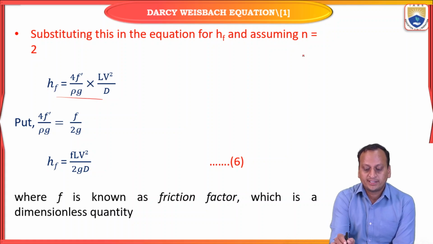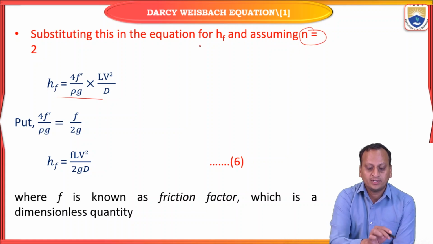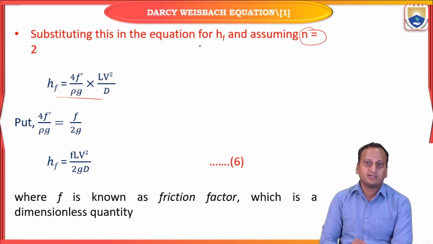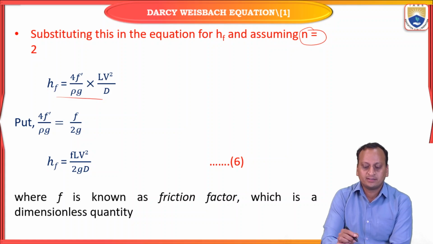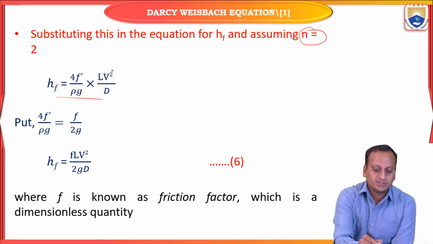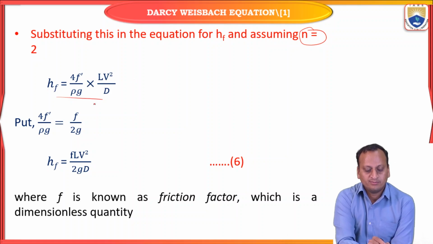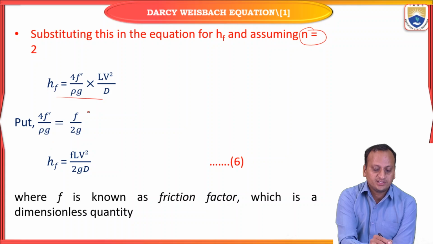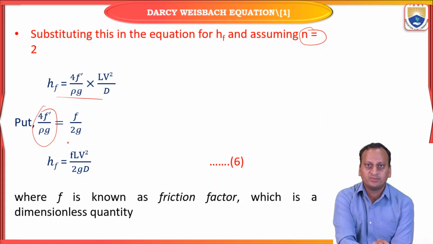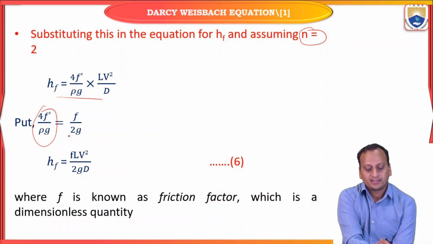Here I am taking n equals to 2, assuming it will vary maximum from 1.7 to 2. So therefore I am taking n equals to 2. So it becomes 4F dash by rho G into LV square by D. Another consideration is that 4F dash by rho G, experimentally, can be written like F by 2G.